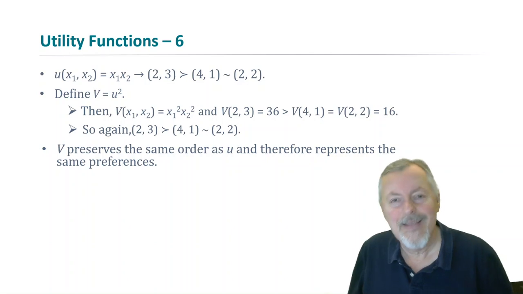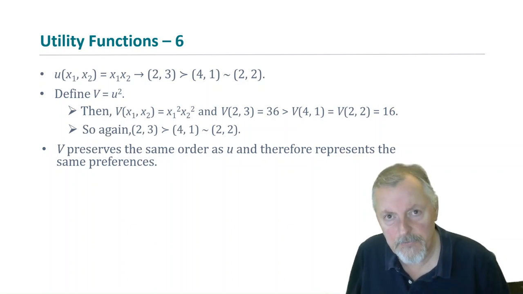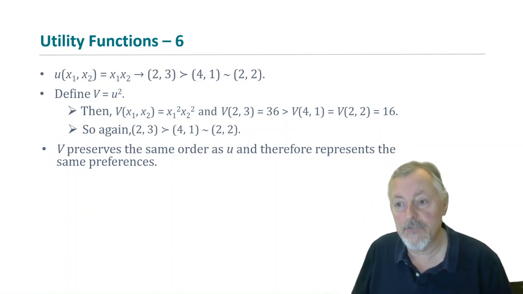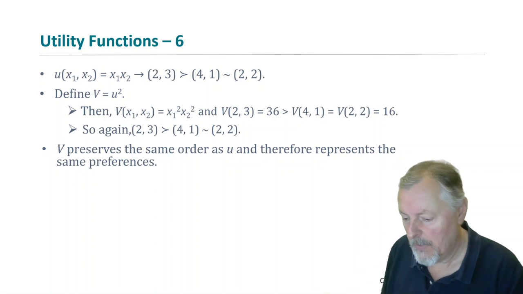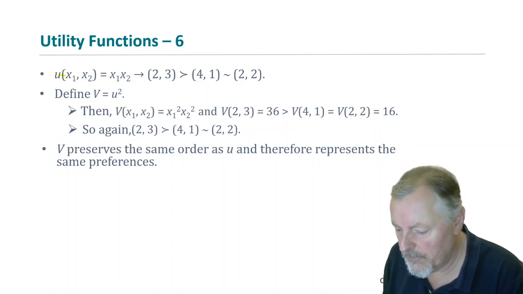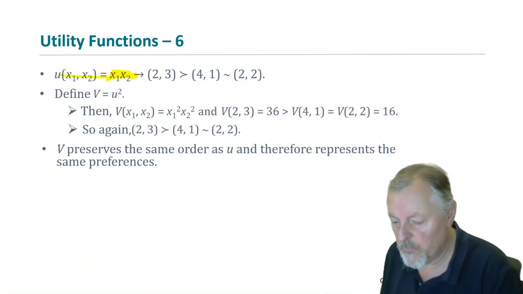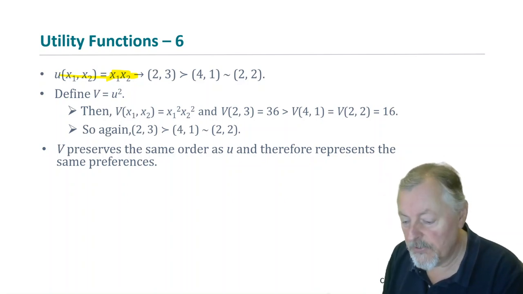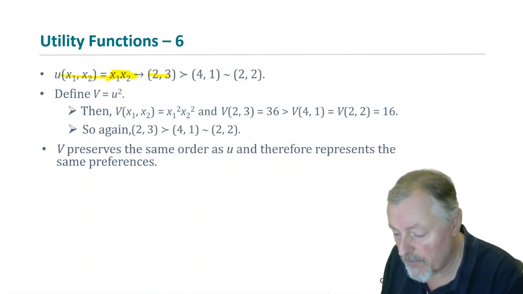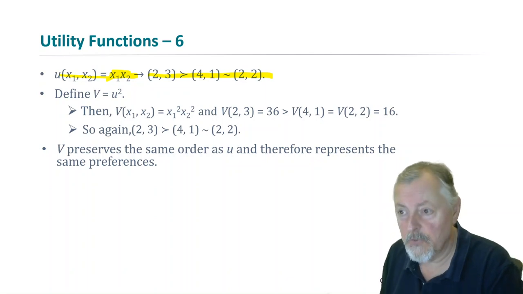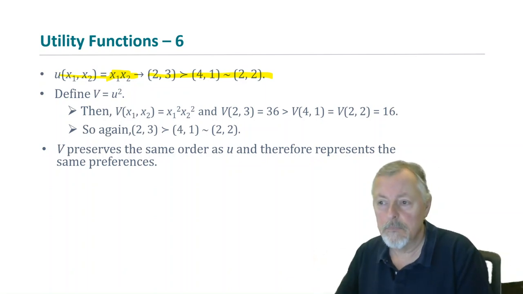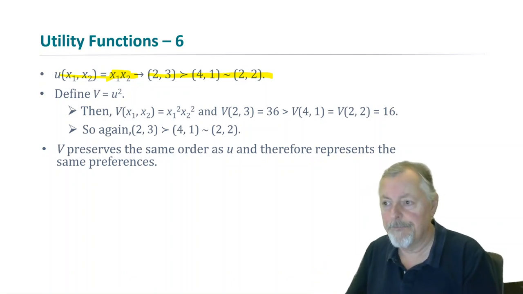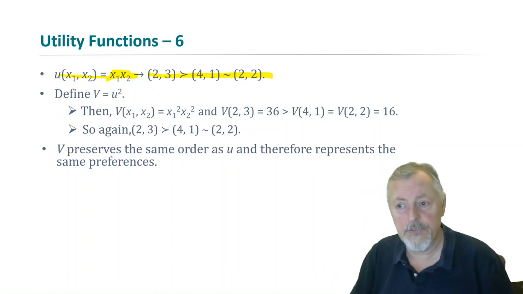However, that is not the only utility function that can describe exactly the same preferences. This utility function here, x1 times x2, does describe the choice structure, the preferences of a person who prefers 2 and 3 over the other 2 bundles and is indifferent between the second 2.